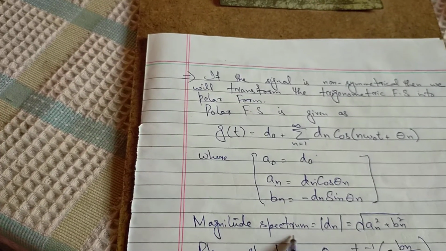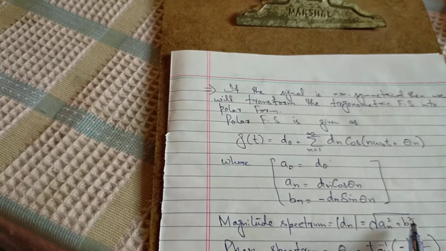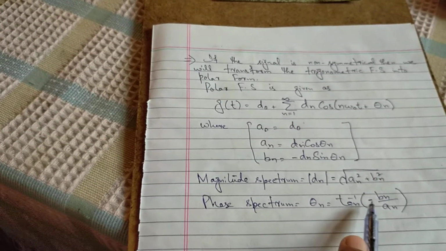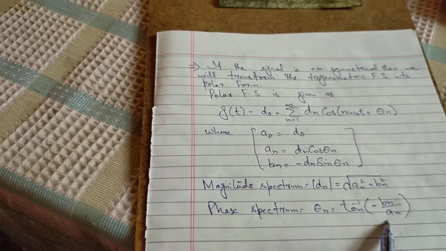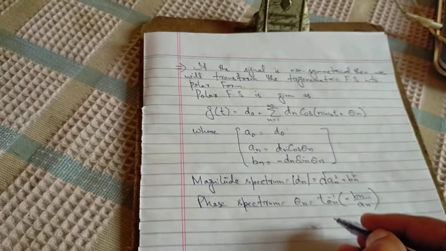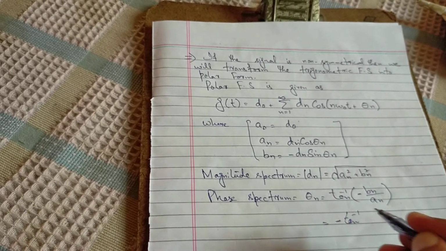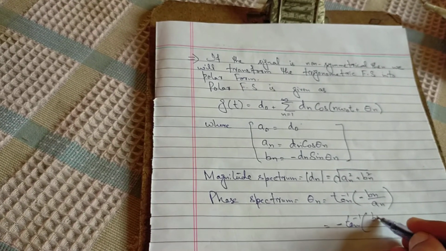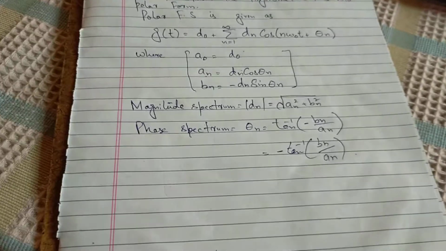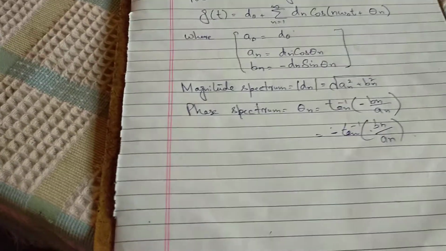From this, the magnitude spectrum dn is equal to the square root of an square plus bn square, and the phase spectrum theta n is equal to tan inverse of minus bn over an, or we can also write it as minus tan inverse bn over an. Simply, we have taken the minus sign to the outside.